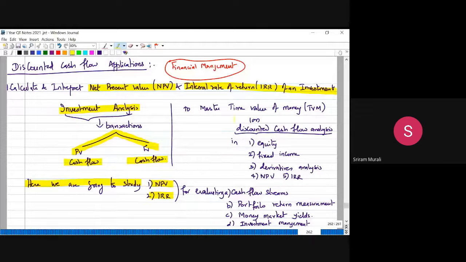What I want you to master here is time value of money and discounted cash flow analysis, that is present value and annuity, used in equity, fixed income, and derivative analysis, NPV (net present value), and then internal rate of return.